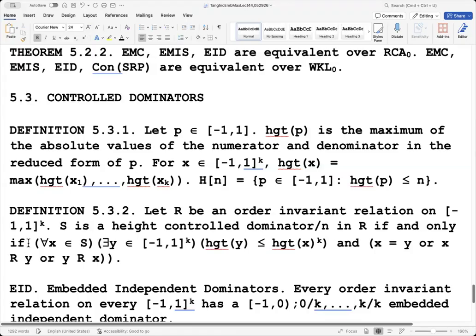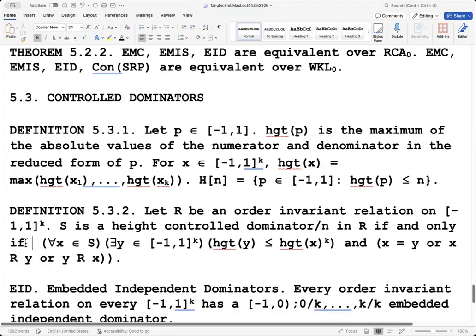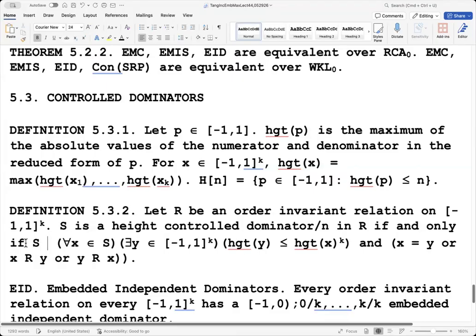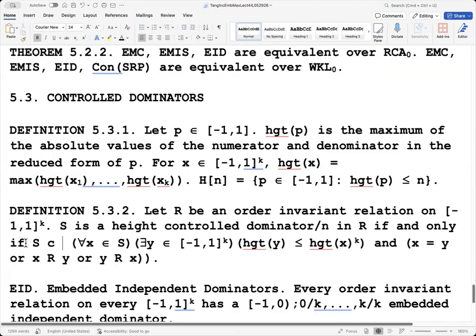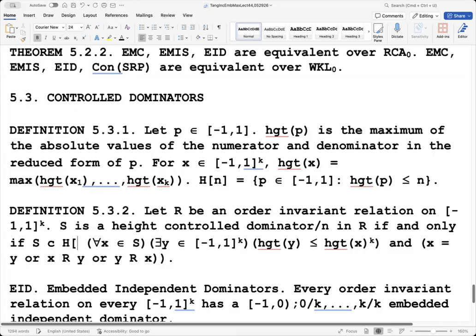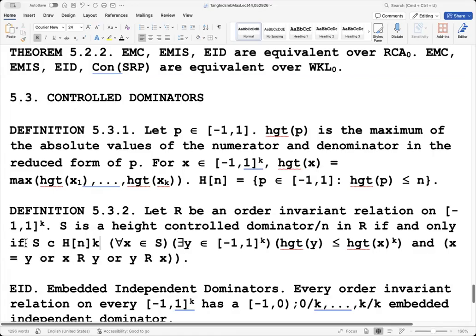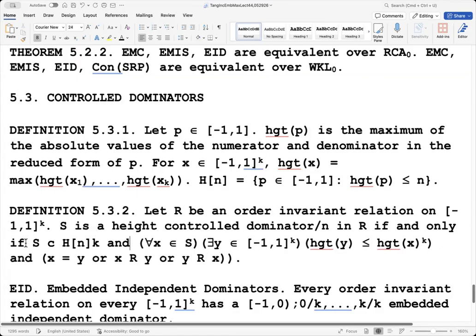If and only if S is included in H of n to the k. This is what I wanted to say.